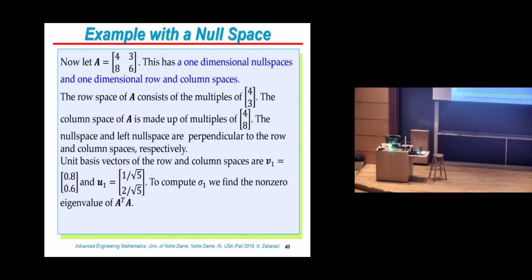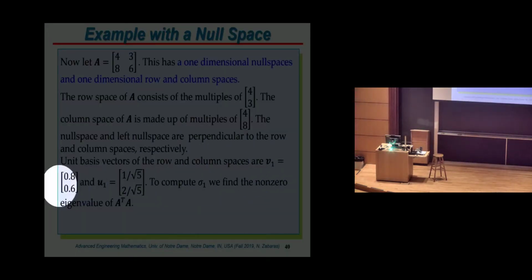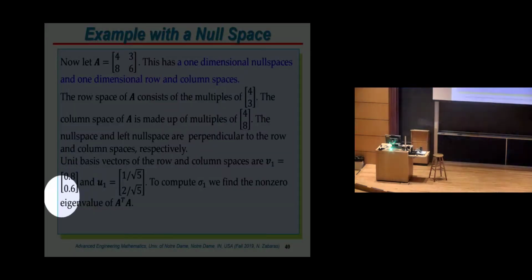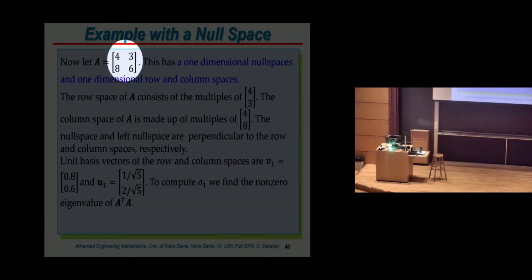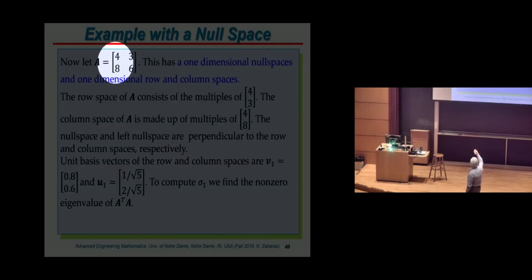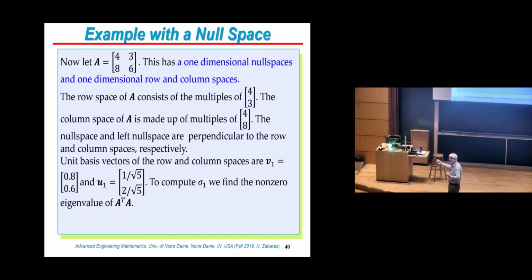So this is the vector that you get from your row space. It comes to be 0.8 and 0.6. Can you see directly where 0.8 and 0.6 come from? What is the row space? That matrix has rank 1. Can you give me one vector in the row space of this matrix? The rows are multiples of each other, so give me an independent vector in the row space.